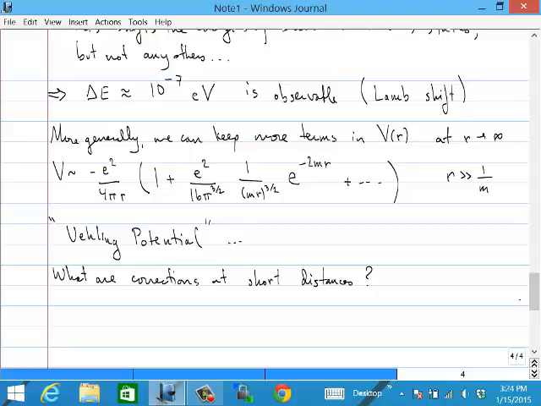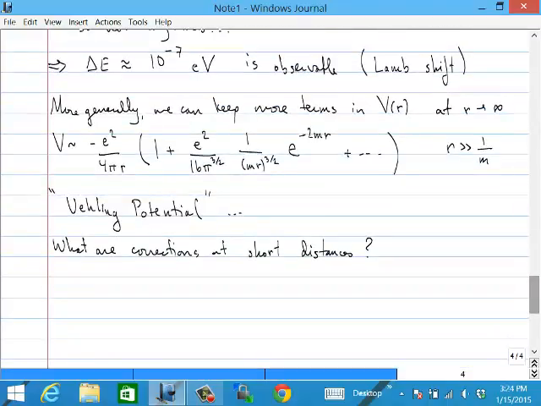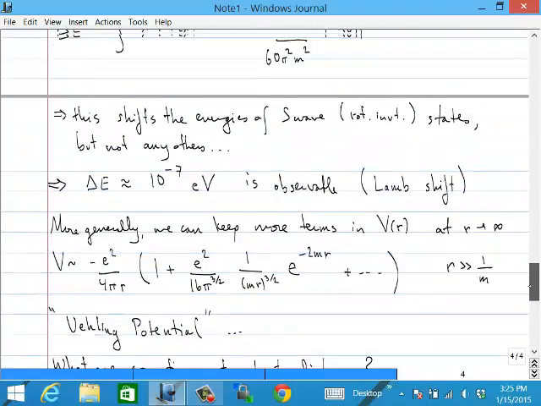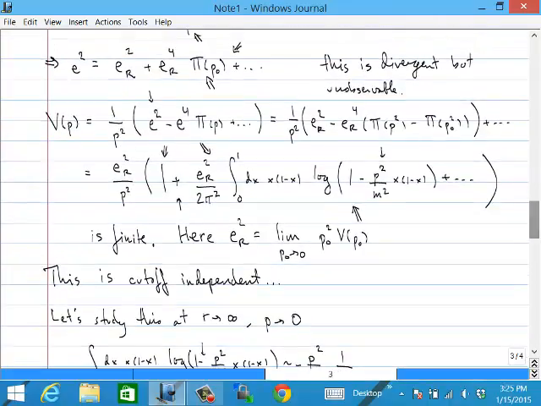Good. Okay. So let's study this potential at large p. So at very short distances, again, this is the formula that we're looking at here for V of p. So we need to expand this out at large p.